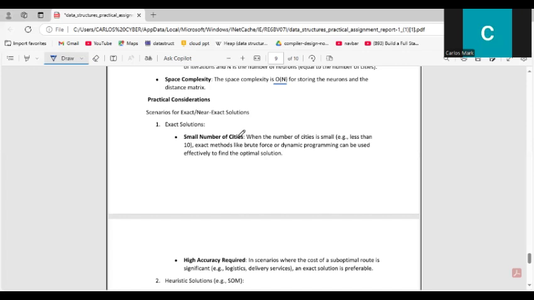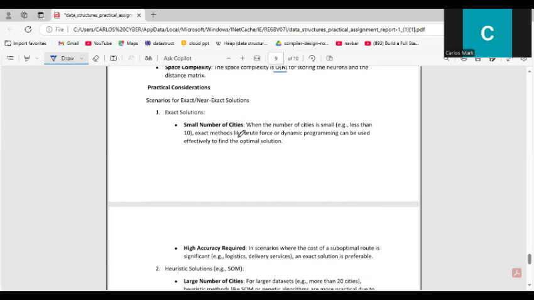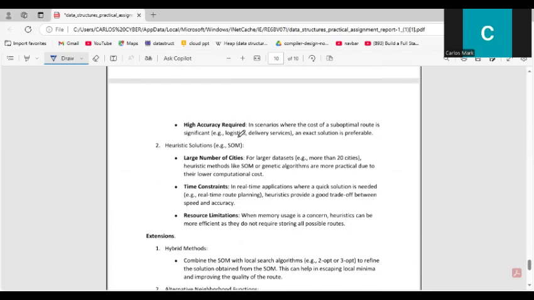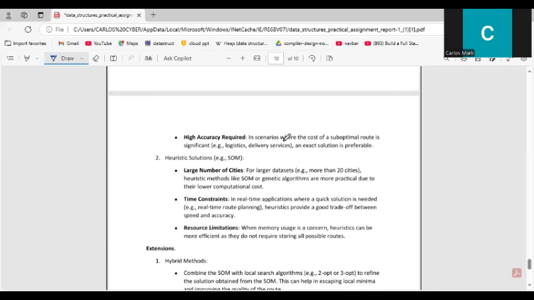When high accuracy is required, and in scenarios where a suboptimal route cost is significant, then an exact solution is preferable. For an inexact solution, we consider the nearest neighbor.